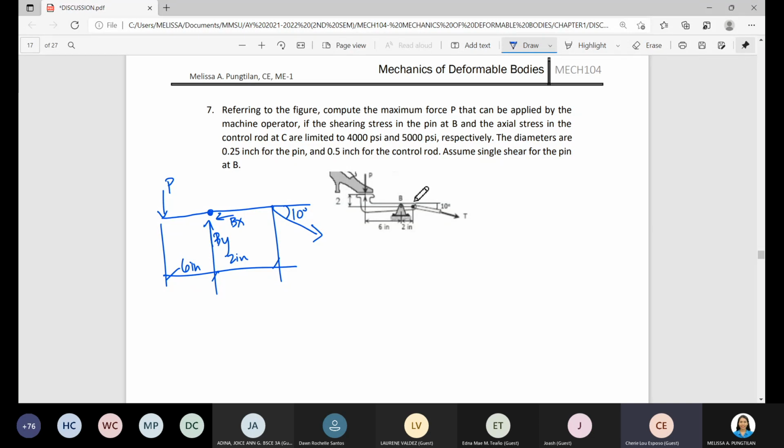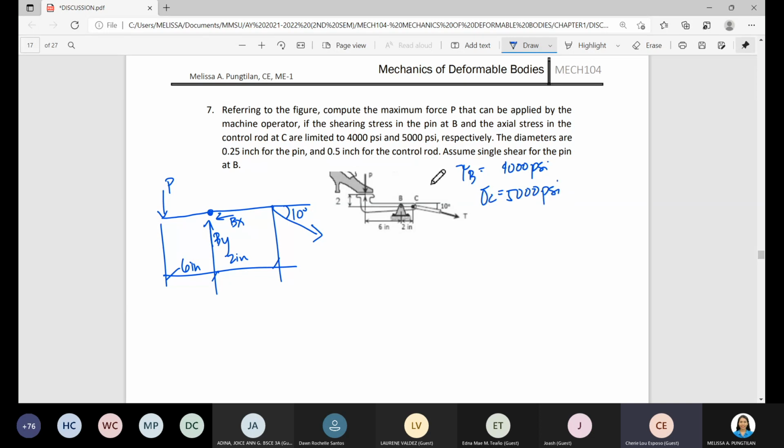The shearing stress at pin B is equal to 4,000 psi. And then, yung control rod at C, so ito yung control rod natin, meron siyang axial stress of 5,000 psi.